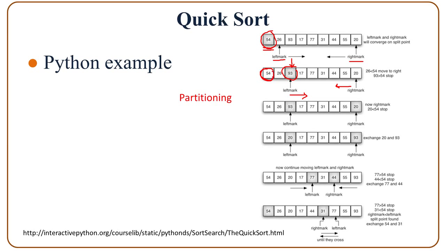Right at the current right mark, we have 20. 20 is less than 54, so we stop. We have 93 and 20. We switch those.